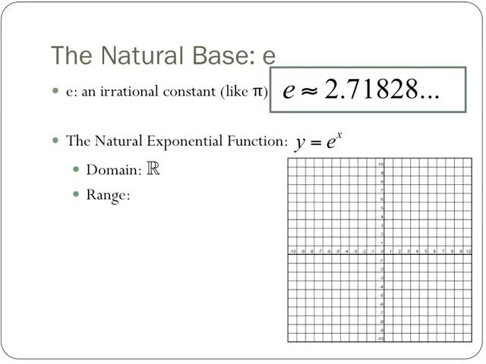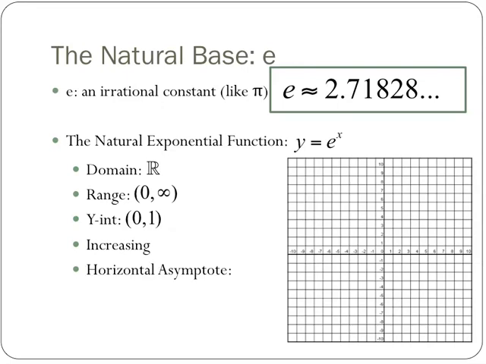The range goes from 0 to infinity. Again, it gets very, very close to, but never actually reaches 0. Y-intercept is still at 0, 1. And because this is e to the x, not to the negative x, this is going to be increasing as you go from left to right, with a horizontal asymptote at y equals 0.